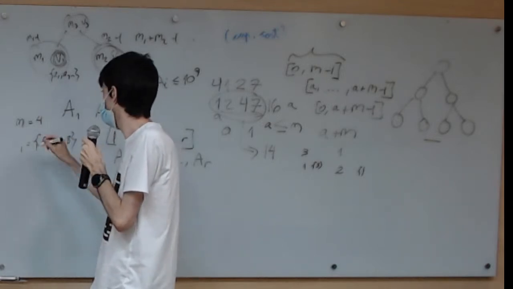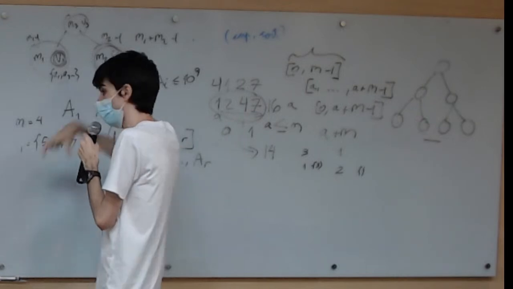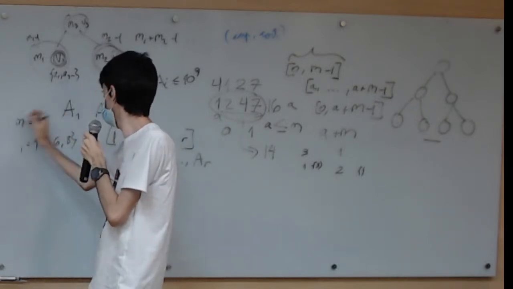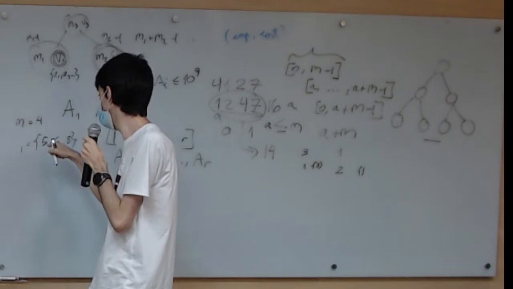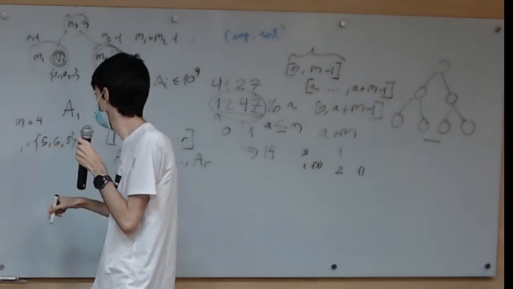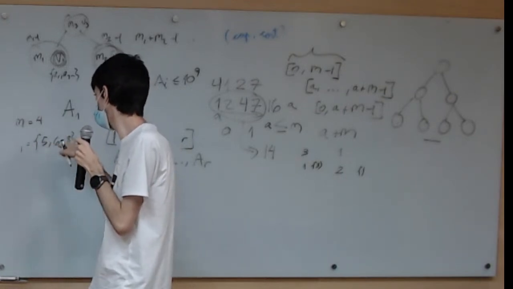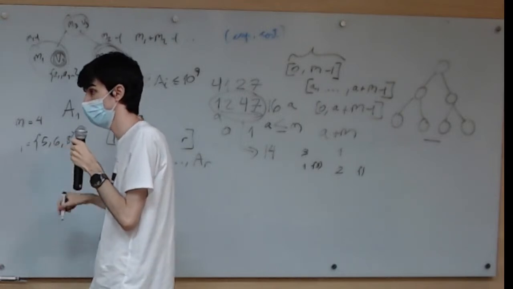When we do a merge operation and we reach a sum of 5, then we will be able to add 5 to the sum. But then we will also be able to add 6 and 8.